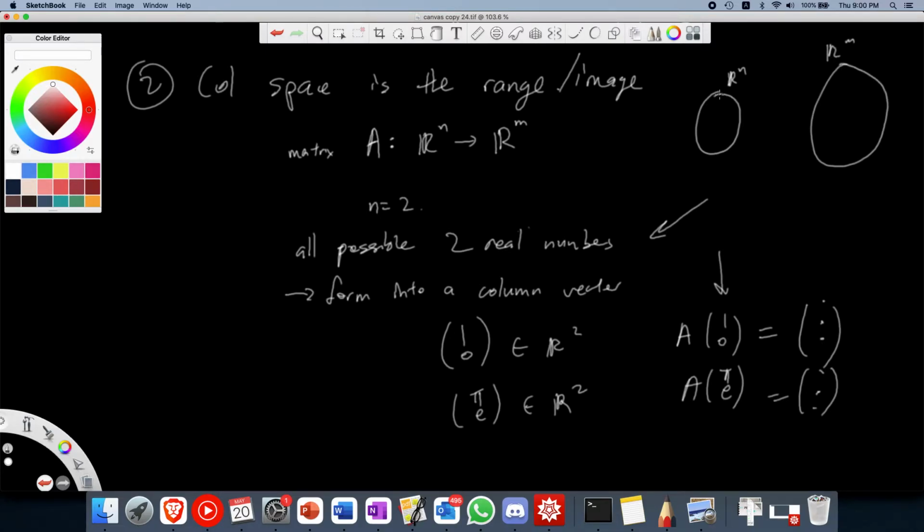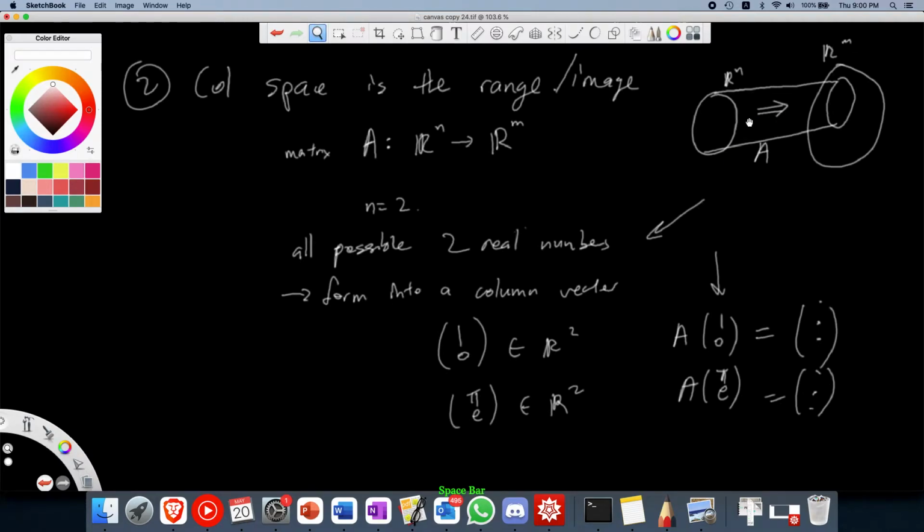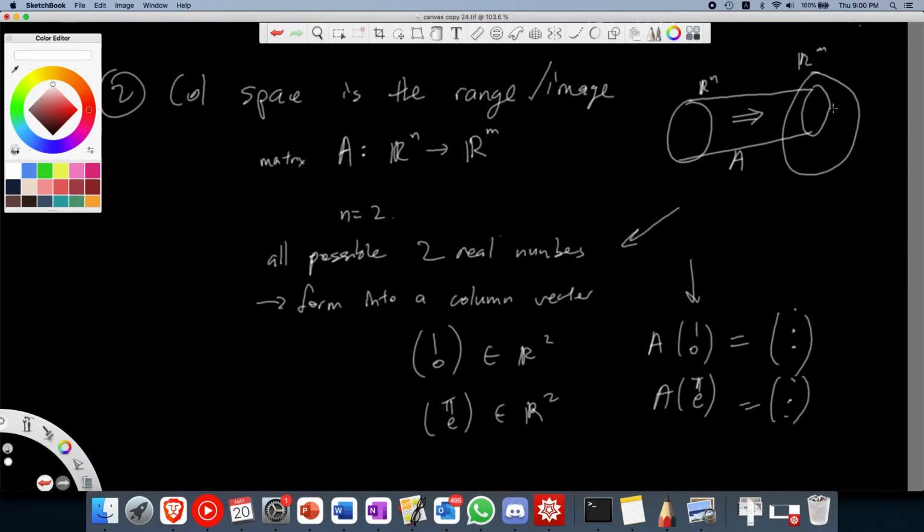So the Rn would map to some huge proportion of Rm under this matrix A, but it could possibly be not all of Rm, meaning there are vectors in Rm, for example this one, where there is no 2D vector that gives this vector.